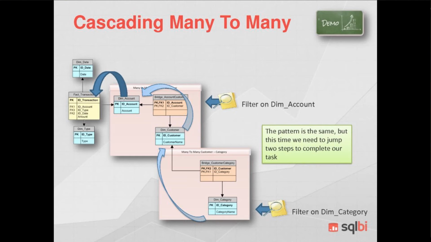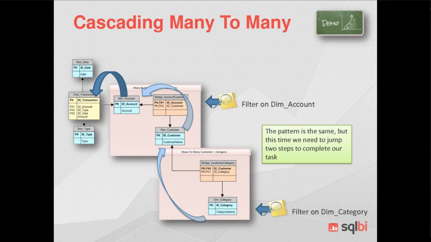So an account can have many customers, and a customer can have many categories, a category can have many customers, and so on. Now we have two bridge tables. One is here and one is there. And if you want to understand how much money is there by category, then you need to do twice the job of traversing the many-to-many.